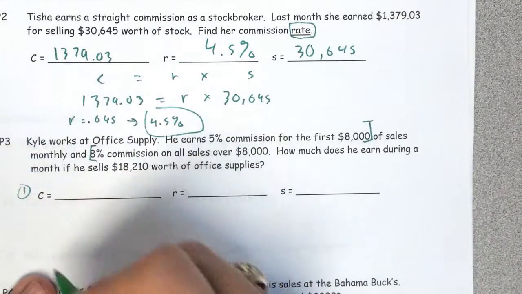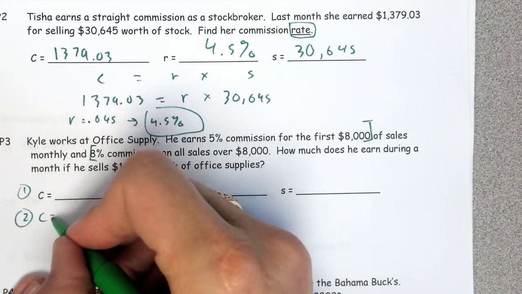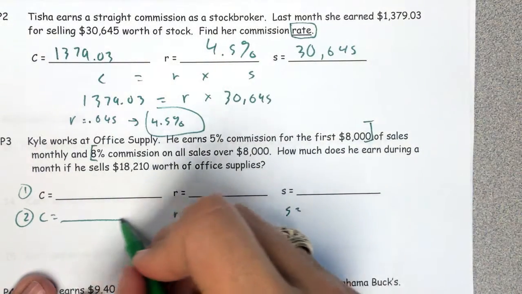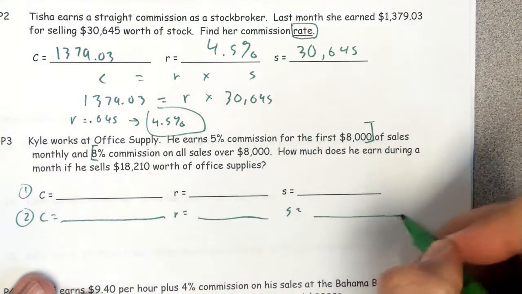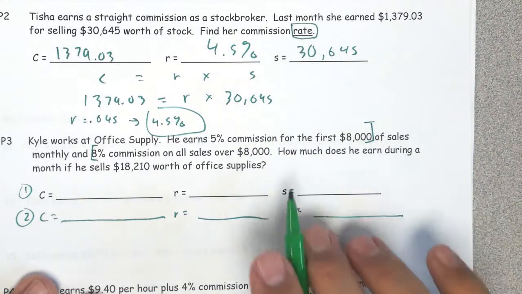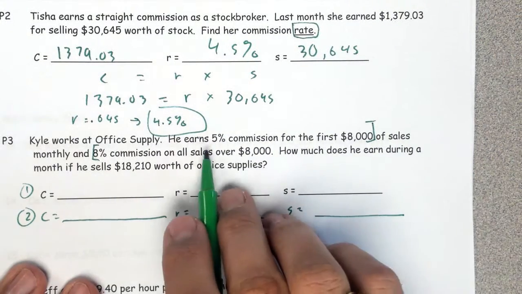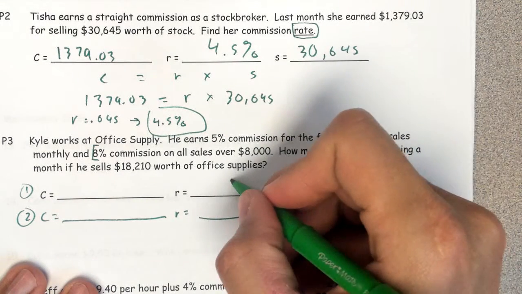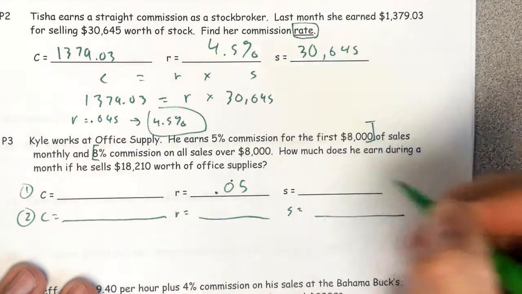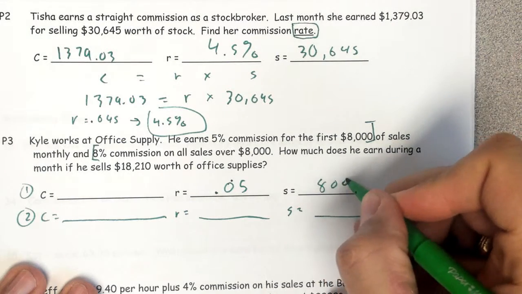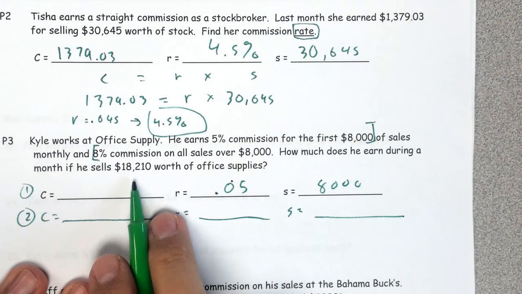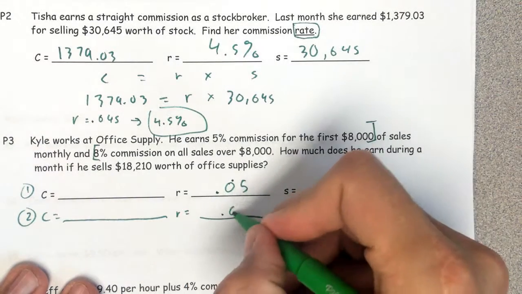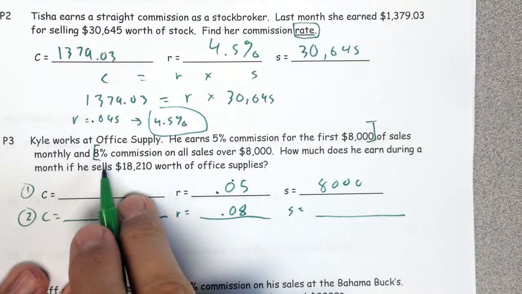This is going to be my first, and then I want you to draw a second one here to calculate my overtime part. 5% on the first 8,000. So first we have 0.05 on the first 8,000 because we're selling 18,210. And then the next one we're making 8% on.